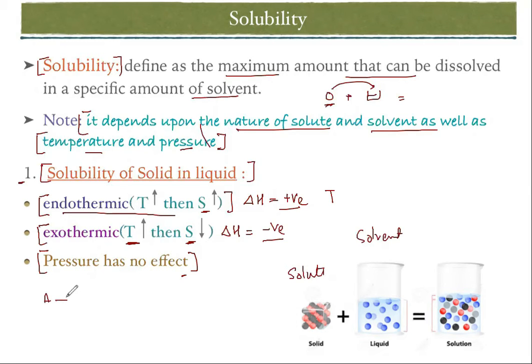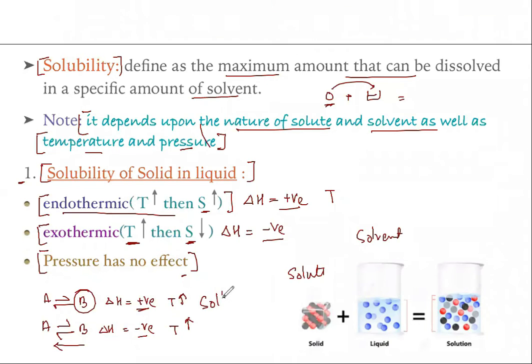As you already know, if A and B are in equilibrium and this is an endothermic reaction, that is delta H is positive, then with an increase in temperature more and more product will form. Similarly, for A to B, if the enthalpy is negative, then if we increase the temperature, the reaction is going to move backward. Similarly, you can see the same case in the formation of solution.